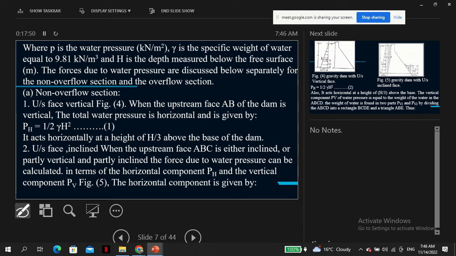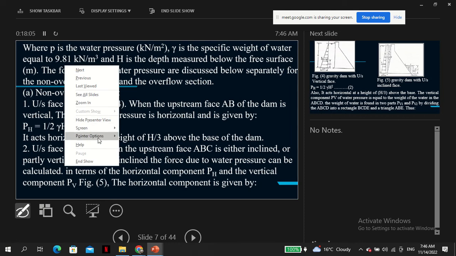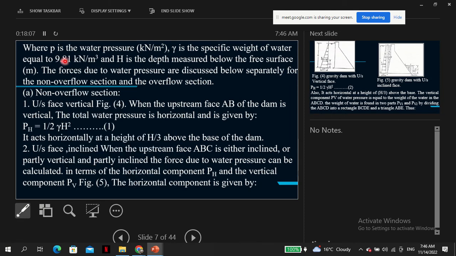The height is actually not necessarily in meters. You can use whatever units you want, but of course standard units are in meters. If you measure in any other unit apart from meter, you have to also convert the specific weight of water to units consistent with the units of height.